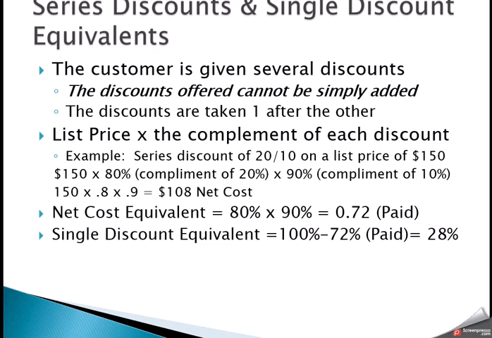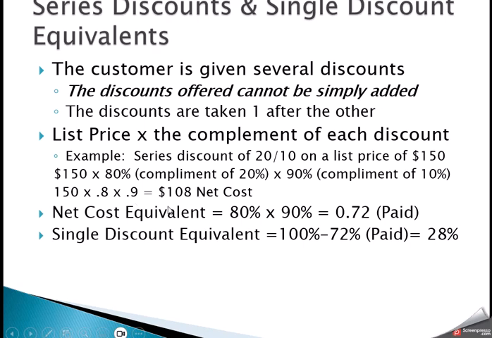So here we have a simple series discount of just 2. So we save 20%, then we save an additional 10% on a list price of $150. So again, using those complements, we take our 150 times 0.8, which again is the complement of 20%, times 0.9, which is the complement of 10. So 150 times 0.8 times 0.9 gives us 108 net cost.